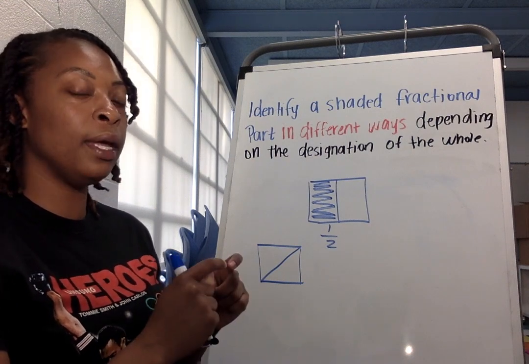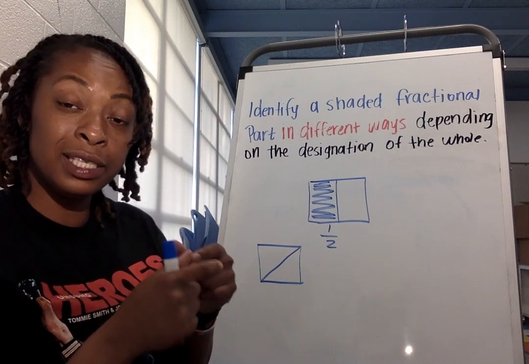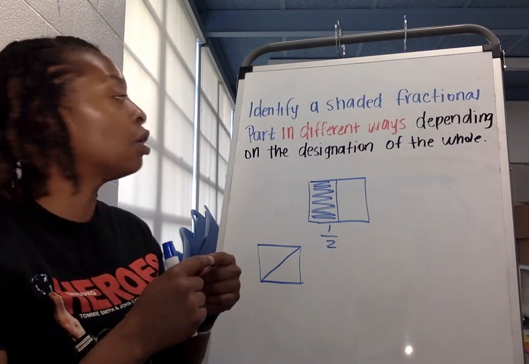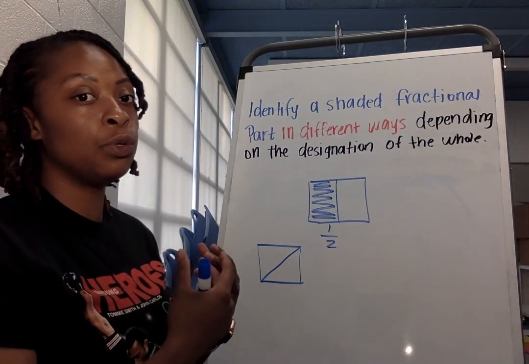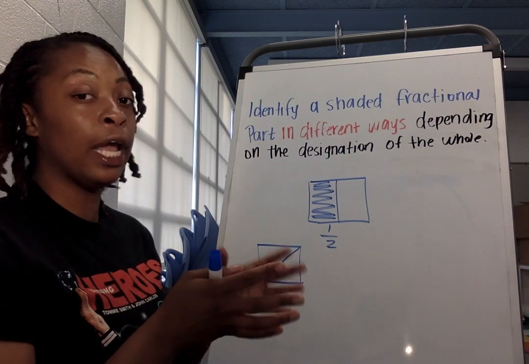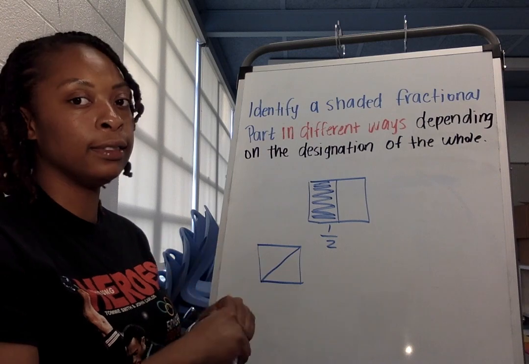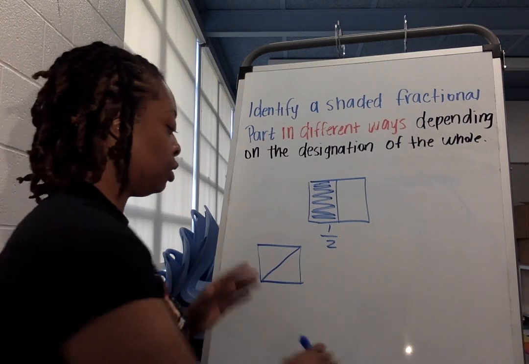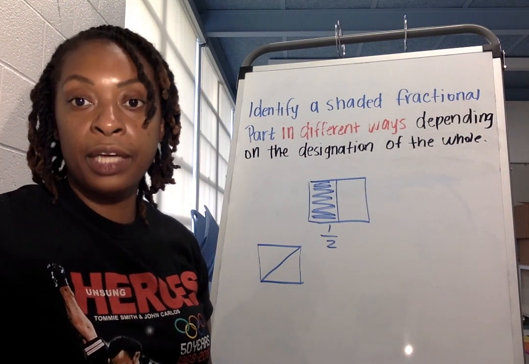It's a little bit hard to understand right now because I haven't showed you the skill yet. But just stick around. You'll understand later on in the lesson. So basically, you want to be able to identify parts of a shape depending on how it's partitioned or how it's divided. So the first thing that you need to do is your application problem.